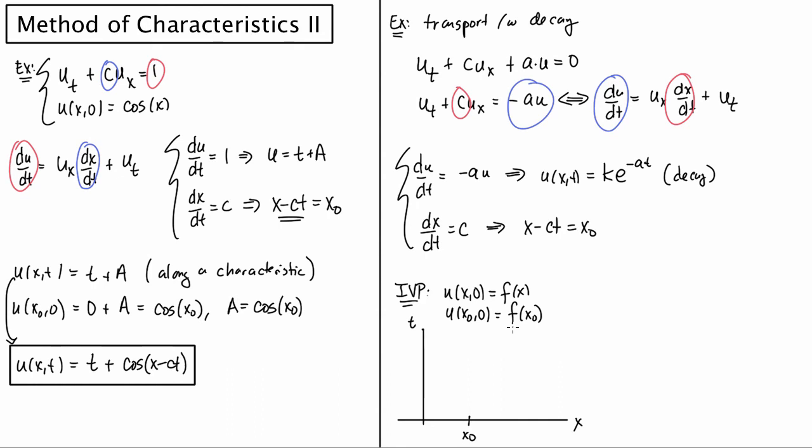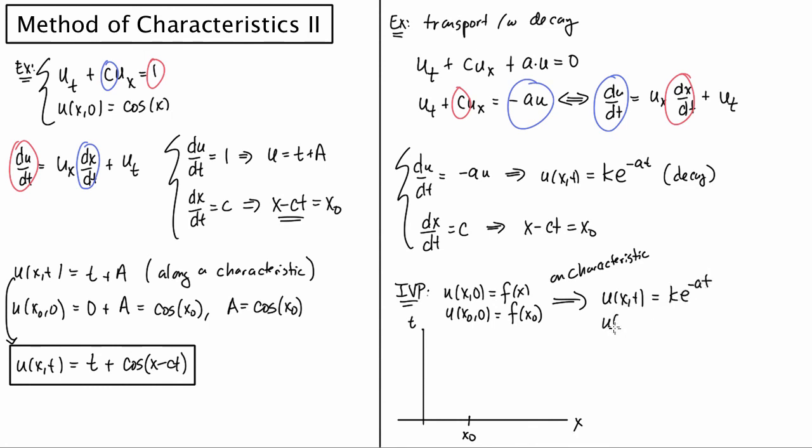And as long as we stay on the characteristic line, we know that the function must satisfy u(x,t) equals k e to the negative at.